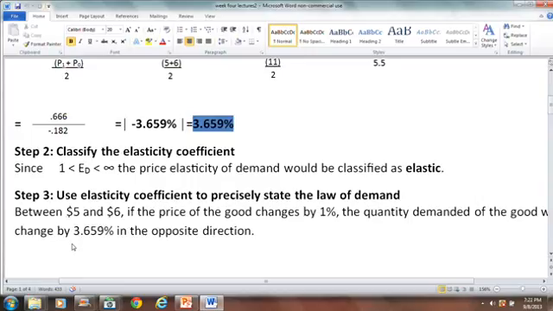That type of precision helps me determine how to apply price elasticity of demand in some very useful applications. So now I'm stating the law of demand very precisely. Alright? So that's how you would calculate price elasticity of demand.